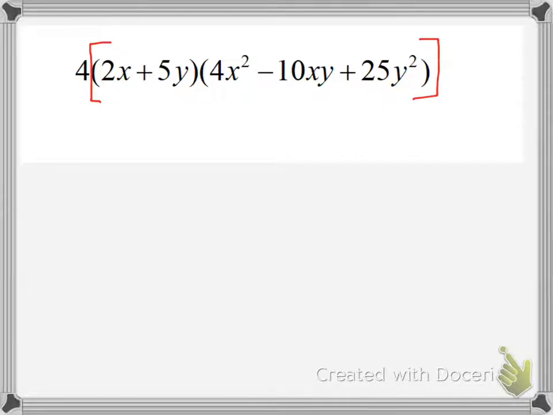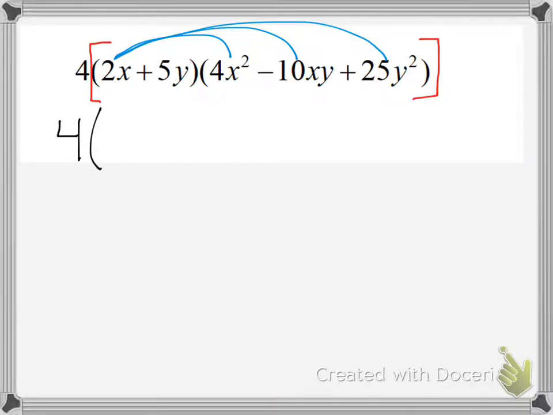So first I'm going to start by distributing 2x to everything in that trinomial. So I have my 4 on the outside, and now I'm going to distribute the 2x.